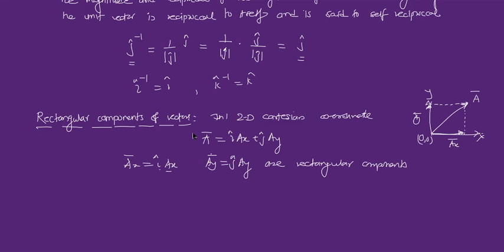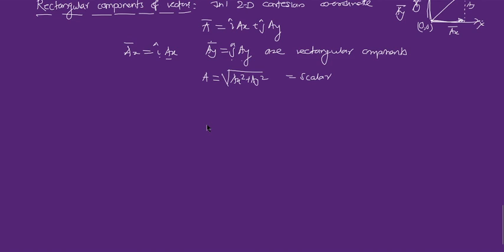If this angle is theta, tan theta is equal to AY upon AX, the magnitude of AY upon the magnitude of AX. So theta is equal to tan inverse of AY upon AX. That is the method with which we can calculate for this particular vector.